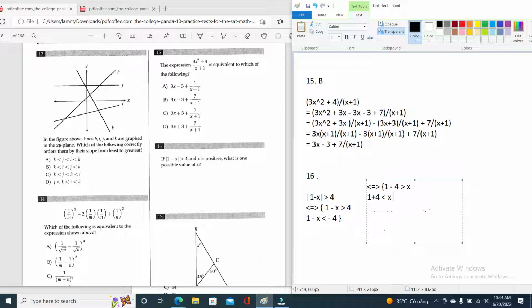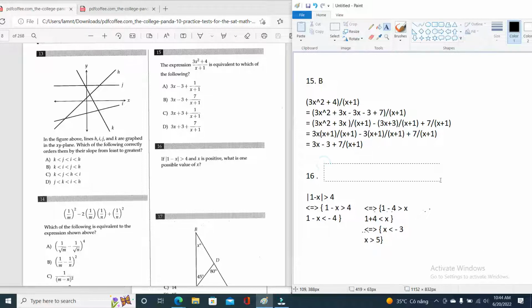So x is smaller than -3, or it's bigger than 5, which is valid, right?